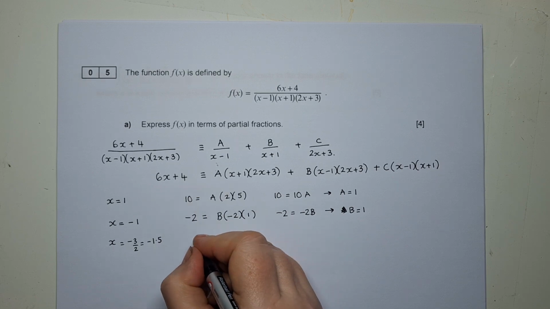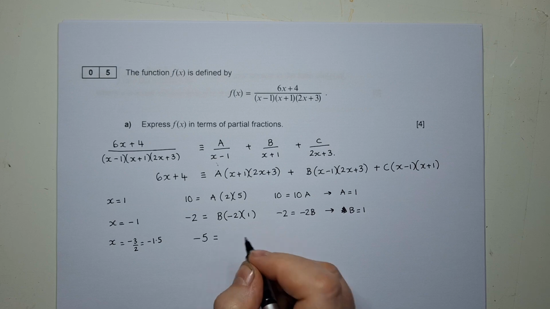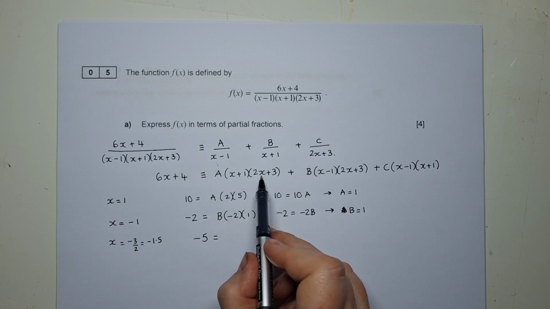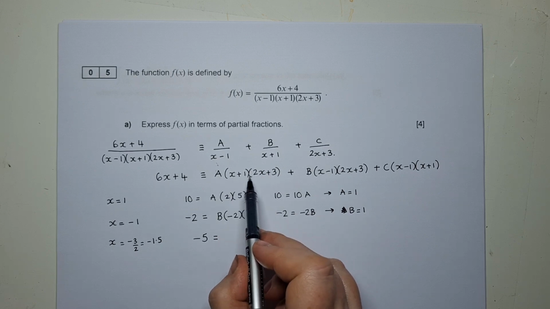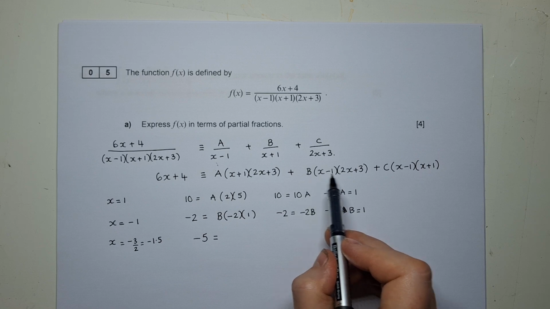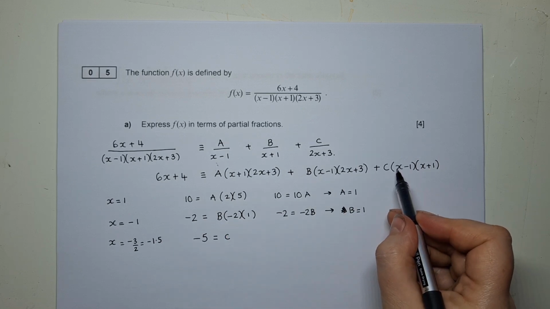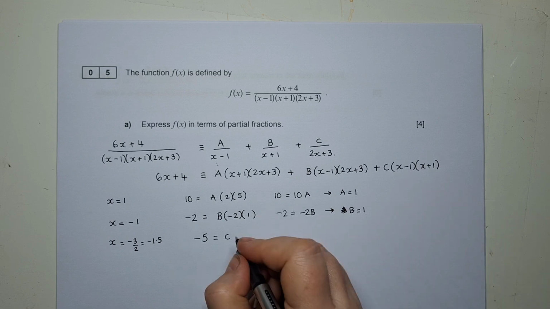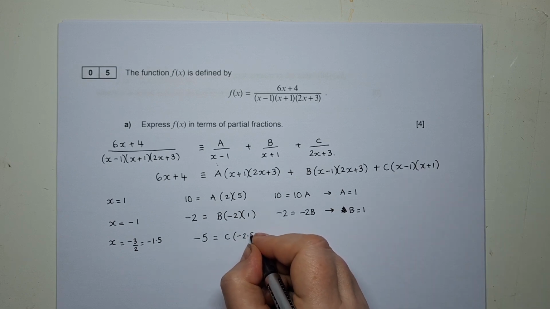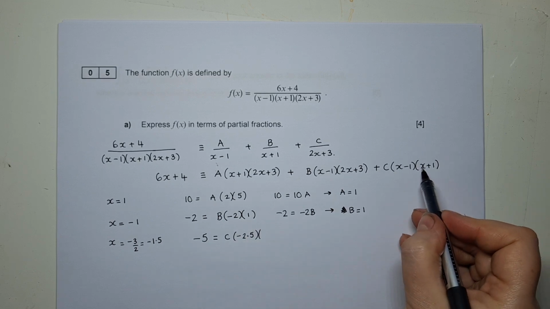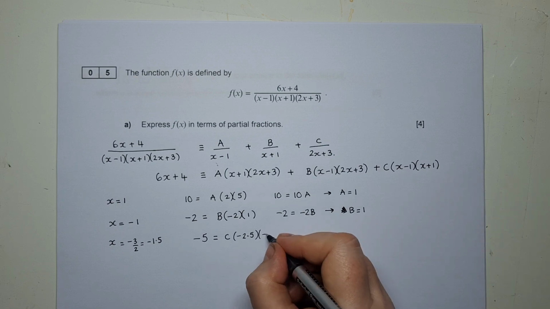Add 4 is negative 5. The a is going to disappear because this bracket 2x plus 3 will be 0. The b will disappear, so we're just left with the c term this time. Minus 1.5 minus another 1 is minus 2.5. Minus 1.5 add 1 is minus 0.5.